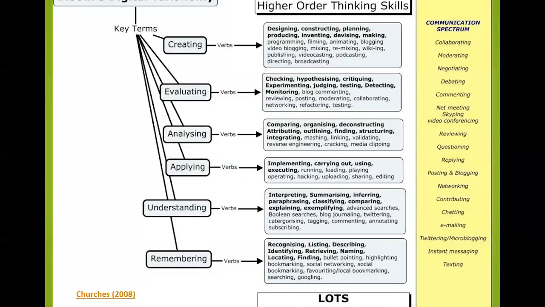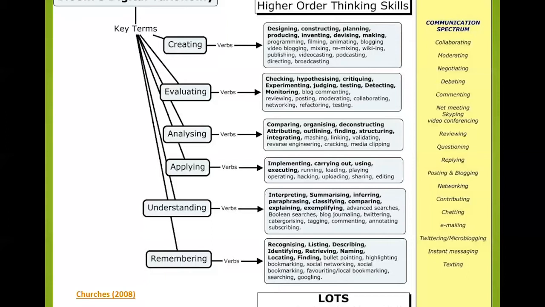As you can see to the right of the taxonomy here, the Bloom's digital taxonomy, you have the wide spectrum of communications, and they include those 21st century skills that students need to develop to prepare for the 21st century workplace.